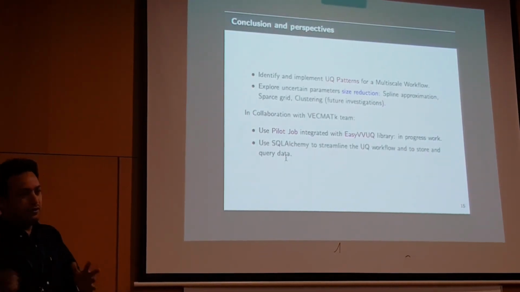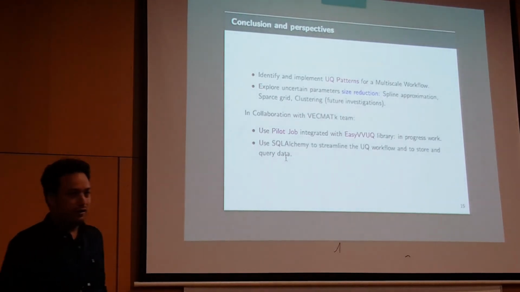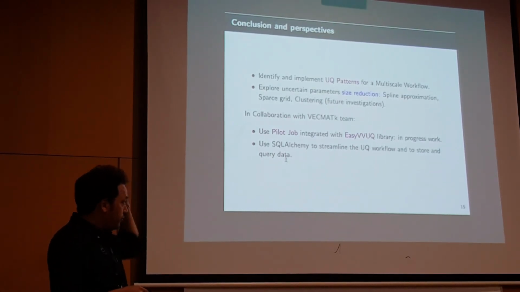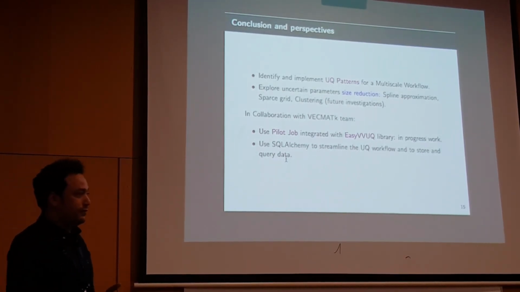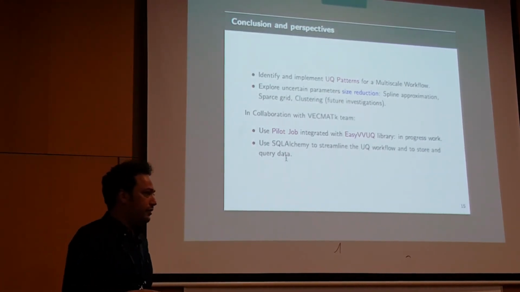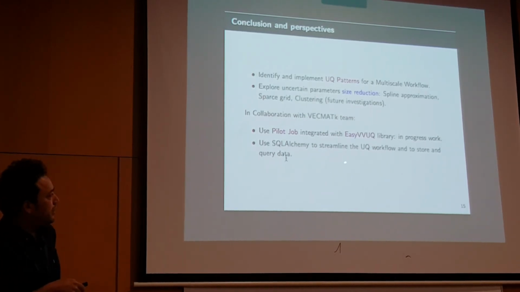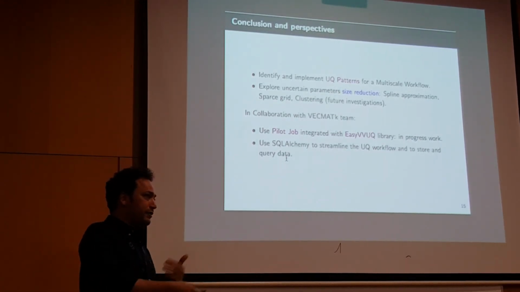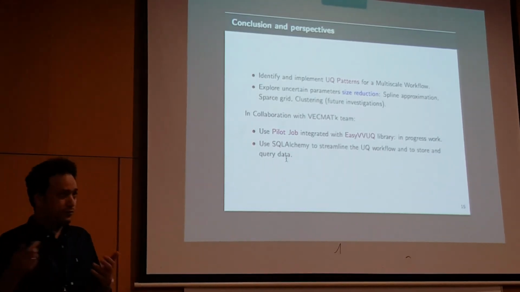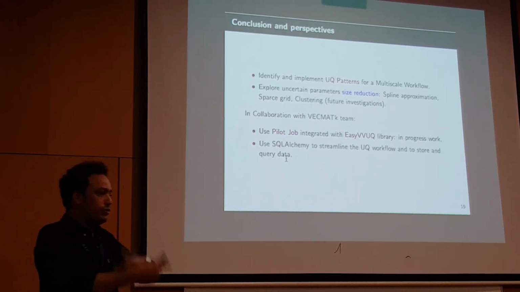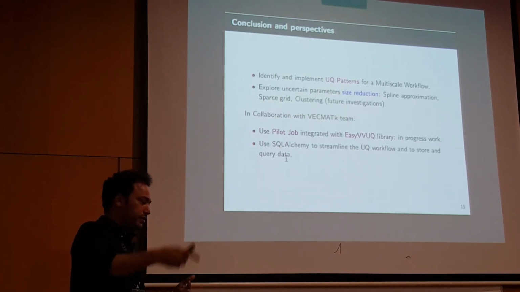And the last thing I want to do is to use the database in this release to streamline the workflow of UQ and also to store the query data, because we have a lot of data after every job, for example, to have descriptive statistics and sensitivity analysis, and also to run another job, another workflow.